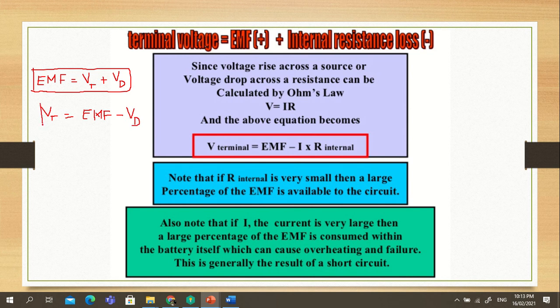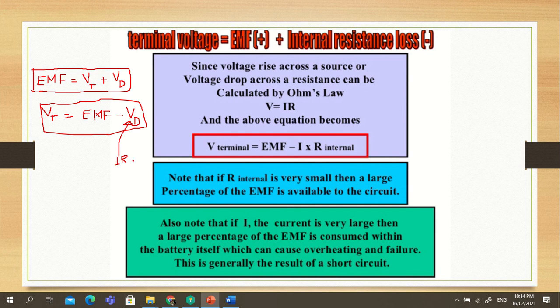So you can also write the equation like this: terminal voltage is equal to EMF minus I times R, because the voltage drop is just the product of the internal resistance multiplied by the current passing through that resistance.